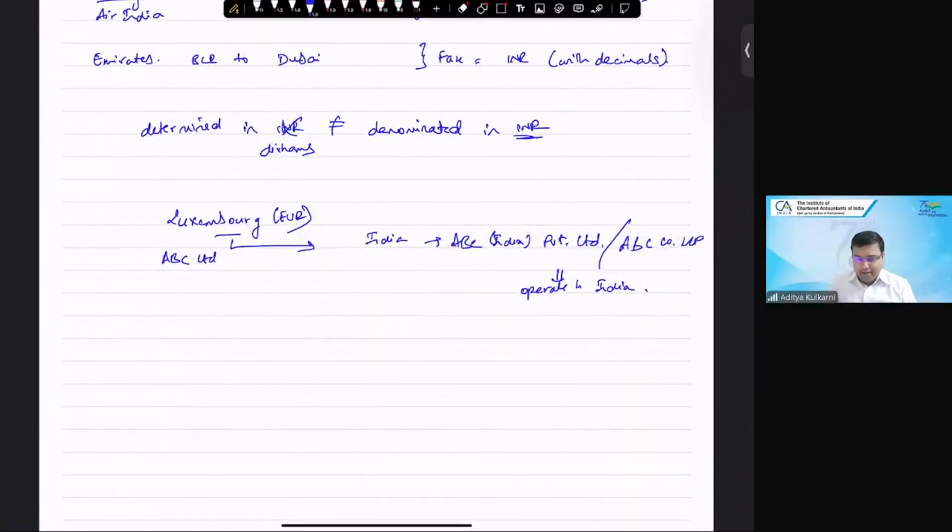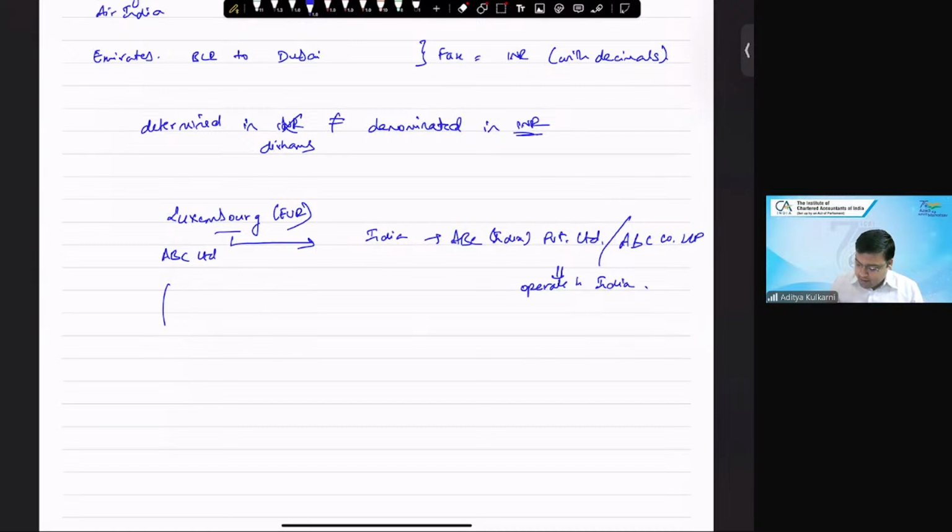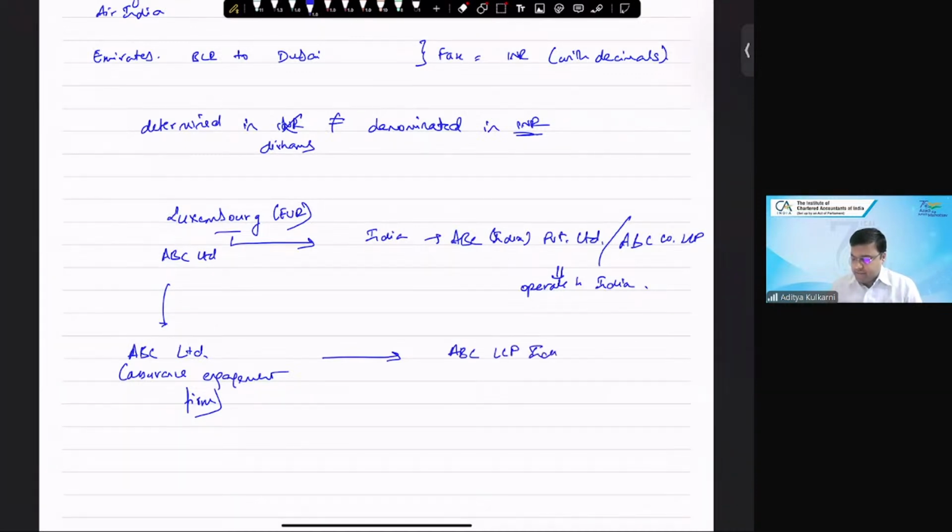I don't want to take the names. That's why I'm trying to make it simple. ABC Limited is an assurance engagement firm, which is headquartered in Luxembourg. ABC Limited has ABC LLP India, which is situated in India.